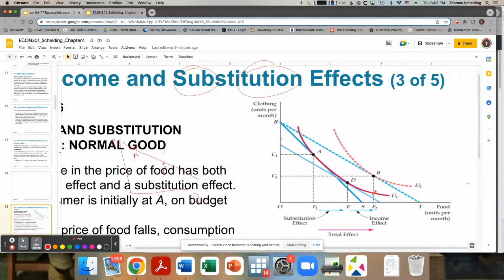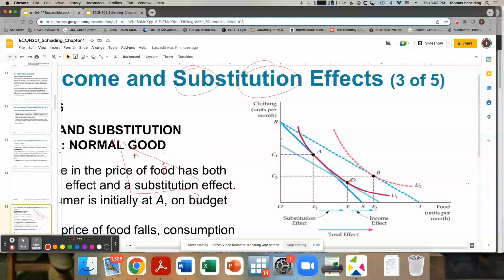To reflect the new relative price ratio, we need to have a line that's exactly parallel, meaning it has the same slope as the new budget constraint. That would be budget constraint RT. So we draw a line exactly parallel to RT and we keep bringing it in until it just touches the original indifference curve, as it did at D. So that's the substitution effect.